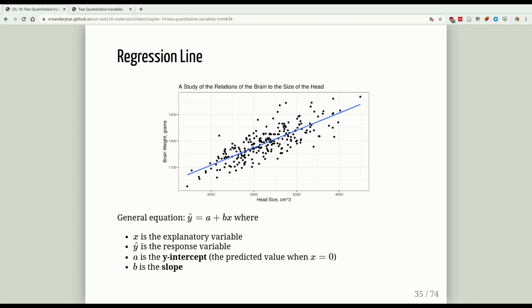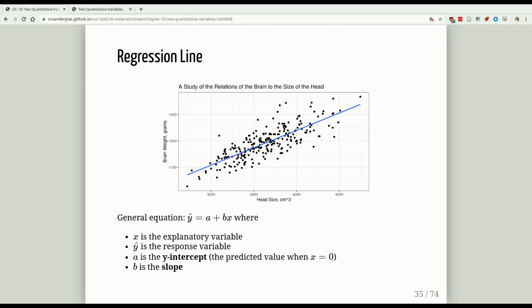So we add a little hat on top of the y and say y hat equals ax plus b, where x is the explanatory variable, y hat is the prediction for the response variable, a is the y-intercept, which is the predicted value when x equals 0, and that may or may not make sense in the context of the problem. And b is the slope.